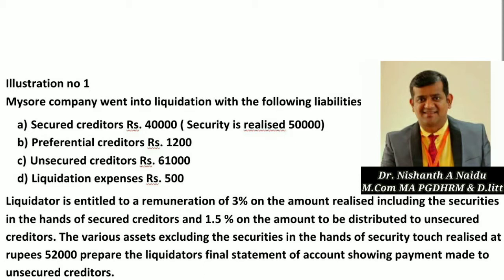The various assets, excluding the securities in the hands of secured creditors, realized at rupees 52,000. Prepare the liquidator's final statement of account showing payment made to unsecured creditors.